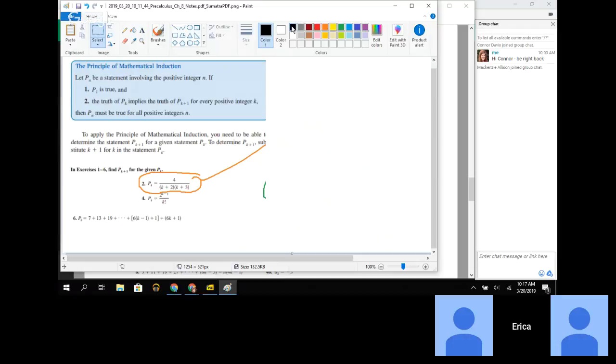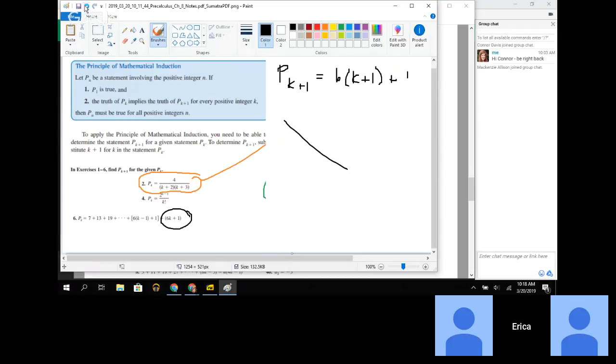So for this one, what you're going to do is say that p sub k plus 1, you're going to look at this last term here, is equal to 6 times k plus 1 plus 1. So it's going to be your p times k plus 1. Okay, so we got that going on. That's figuring out what the next term is.